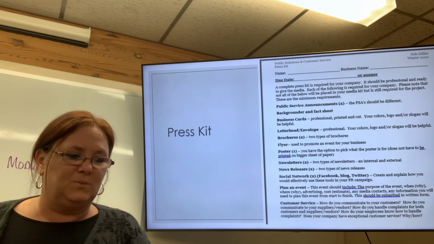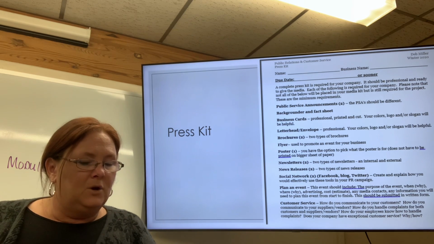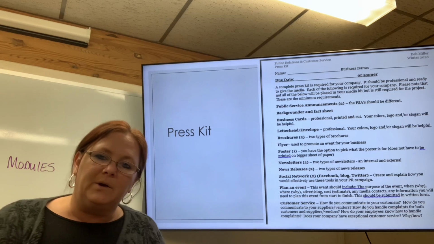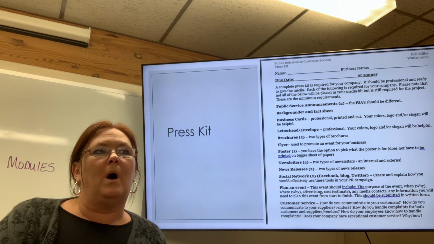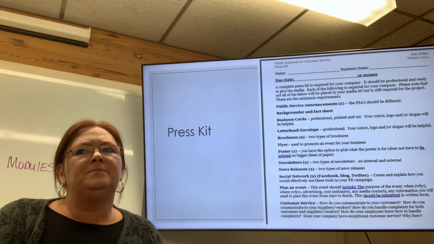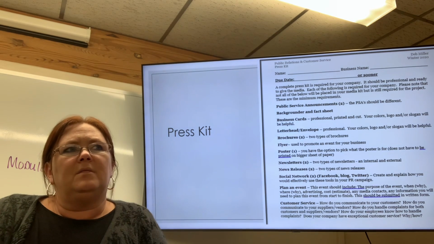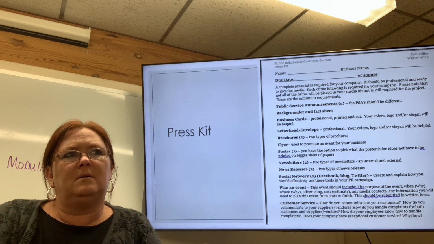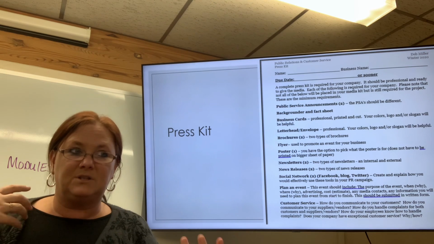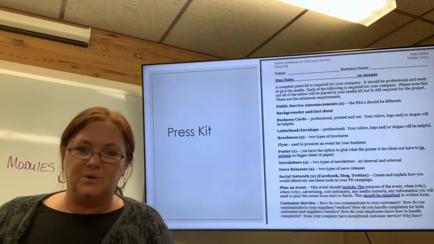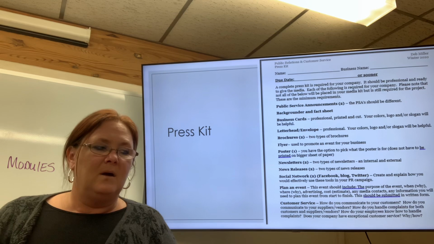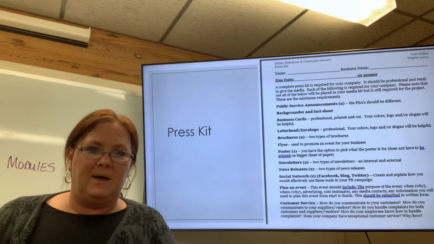In my classes, we talk about things like toys. Since we're nearing Christmas, toys are a really good one, because the consumers in most situations are those that utilize the products, right? And targets are those that buy the products.